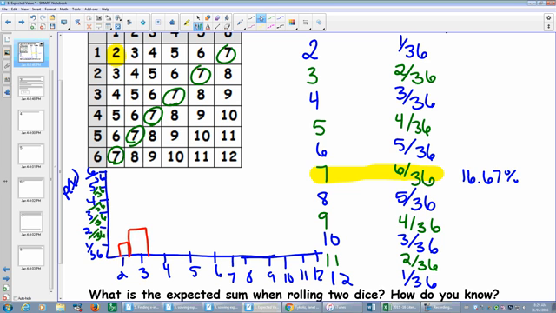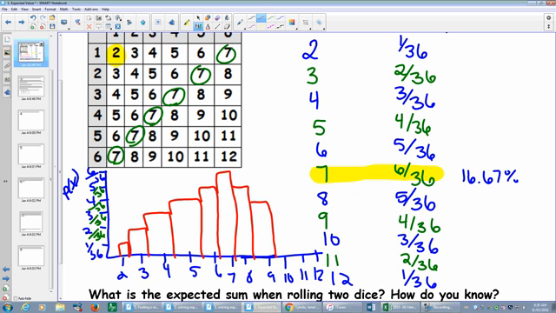Then the next one's 3 out of 36, 4 out of 36, 5 out of 36, and then I have 6 out of 36. It'll look something like this.